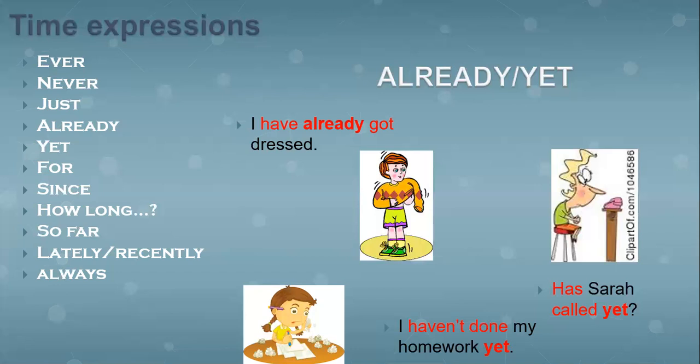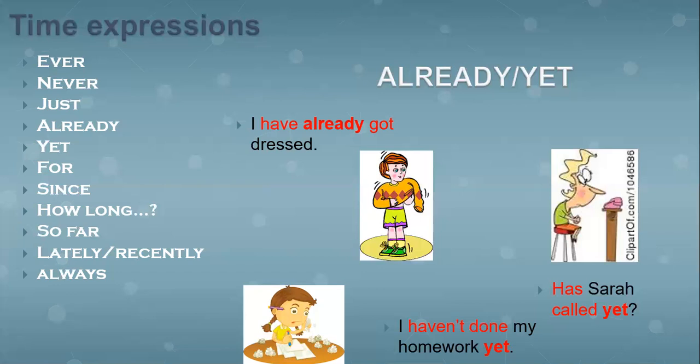So we have yet that comes in the question or the negative form. And if we want to say a positive sentence, we exchange yet with already or just. I have just finished studying it. Just like a moment before your question, I finished studying. Or I have already finished studying. That means I've done that a while ago.